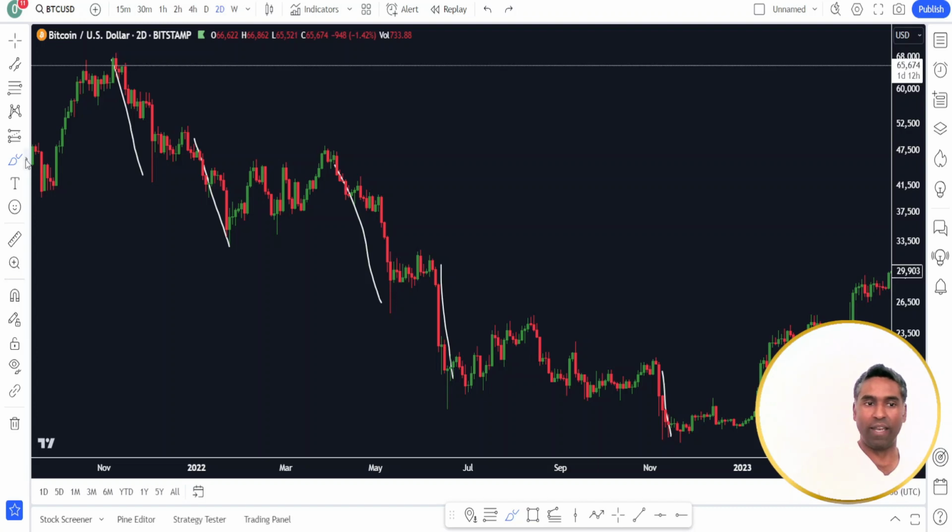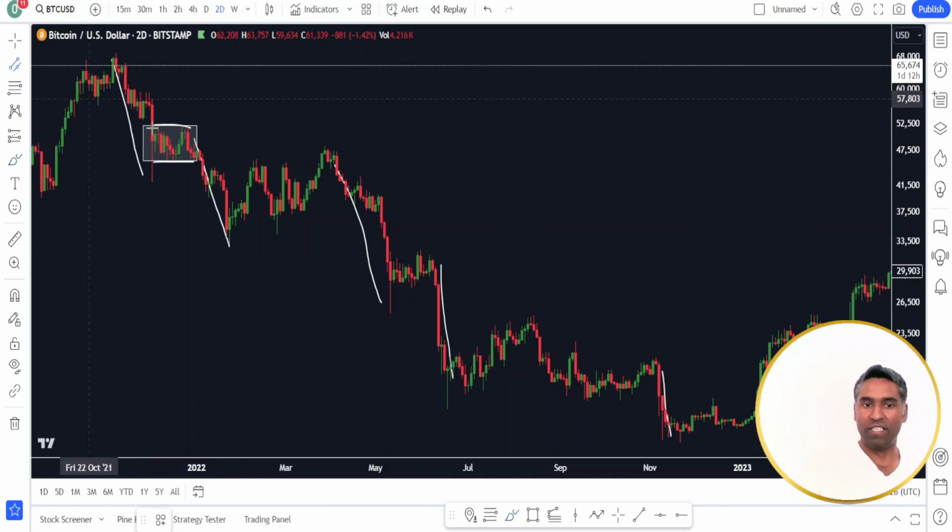Let's try to identify the rectangle pattern first. Here we see a sharp move and then the price consolidated in a range where we could draw a line up and a line down to make a rectangle. It's a continuation pattern and it normally breaks in the direction of the trend. So if the trend is down, in this case the price moves towards the downside.